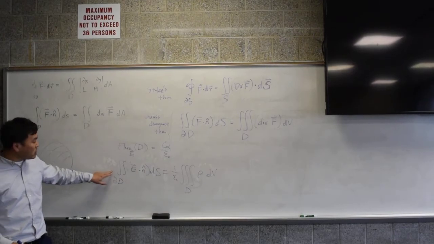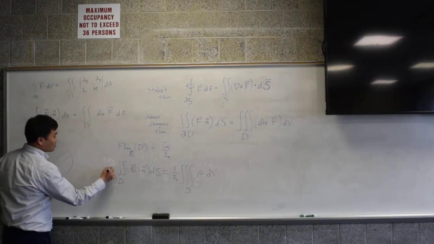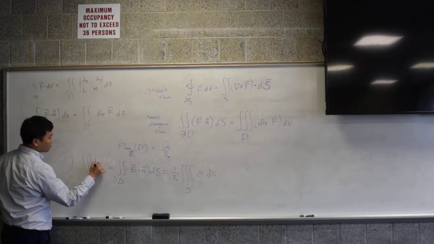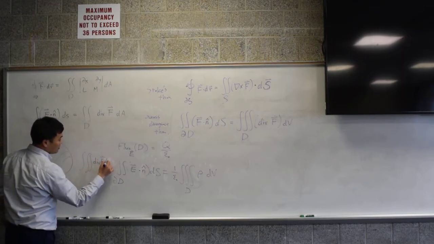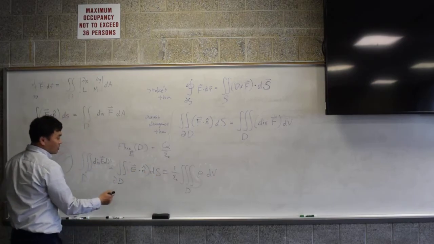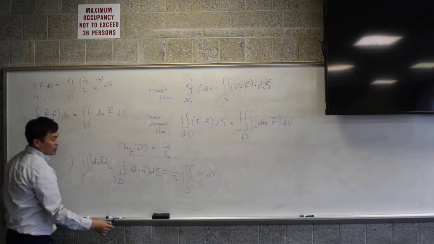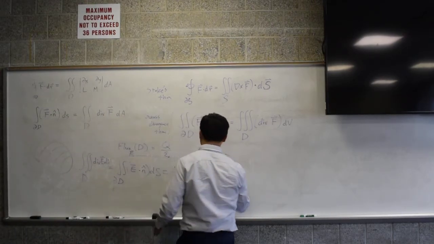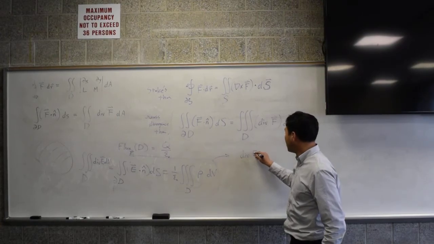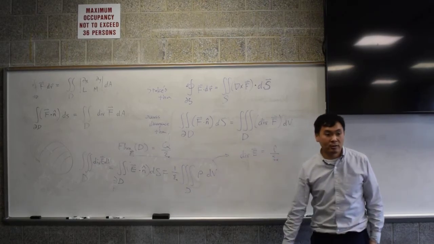However, if you rewrite this side using this, then this is what you get. You say that this is a triple integral of divergence of E dV over D, and this is equal to that. Therefore, this integral formula can be written as a derivative formula which says the divergence of E is the charge density divided by epsilon naught.